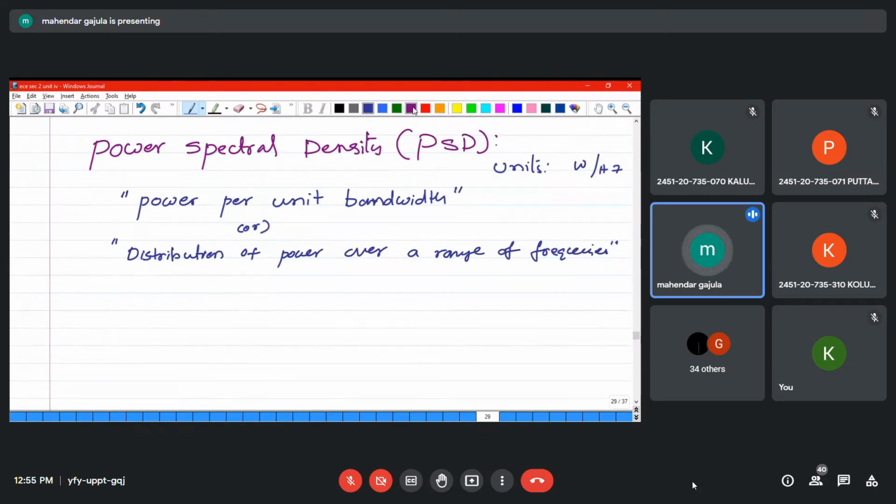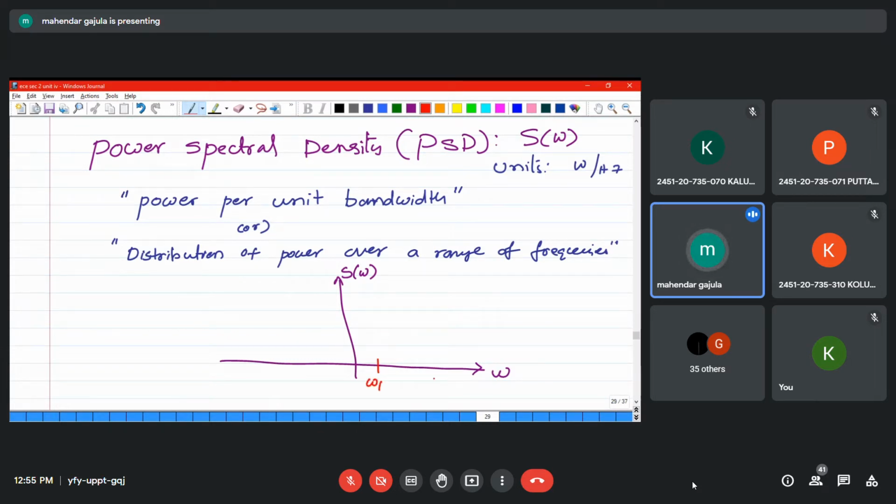The power spectral density can be represented with capital S of omega. So I'm drawing the plot. X-axis is omega, y-axis is S omega, and how the power is distributed over a range of frequencies.